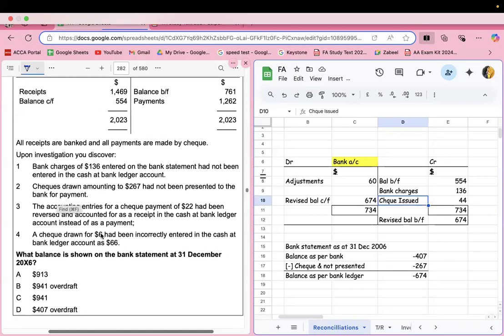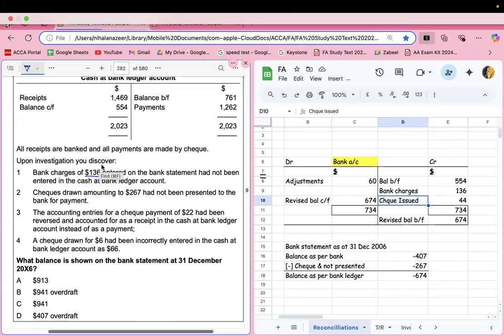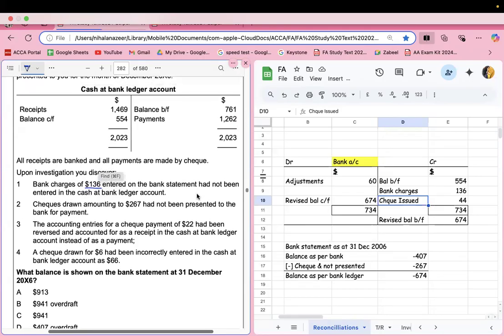Upon investigation, you have discovered that a bank charge of 136 entered on the bank statement had not been entered in the cash at bank ledger account. So you know this is an unrecorded liability, an unrecorded item, and you need to adjust the bank ledger. First of all, whatever they have prepared, you're going to take that balance. That is the carried forward balance.